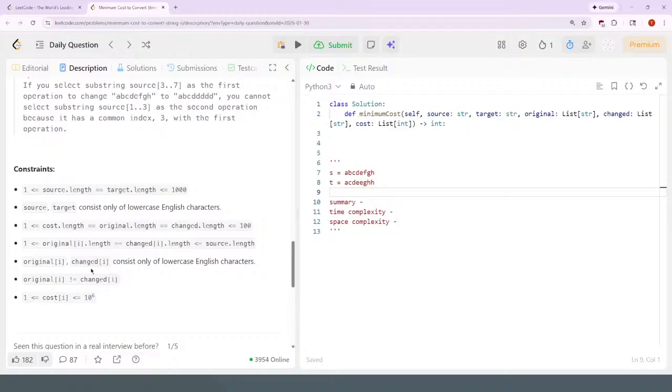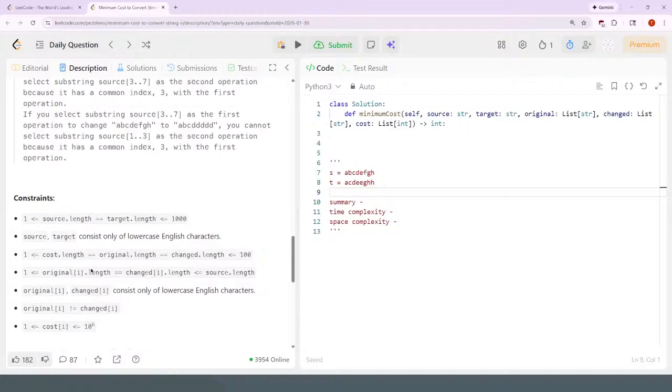Wowzers, this is quite hard. So A, B, C.